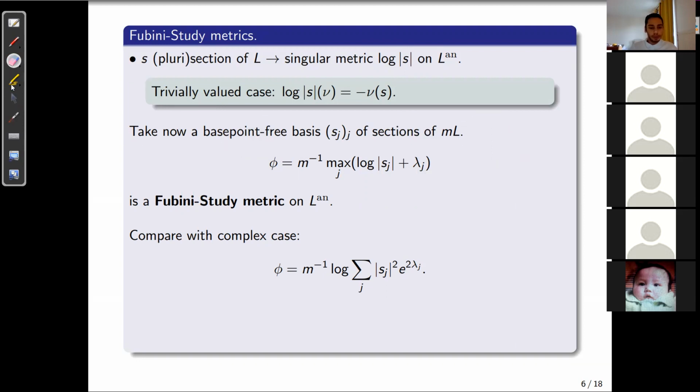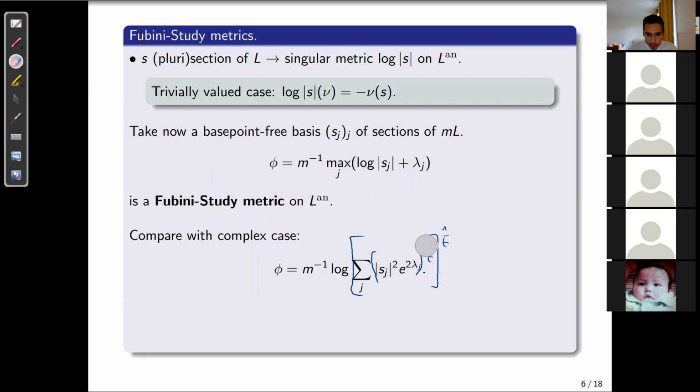In this case, it's just the log of the sum of squares of your sections. And it's in fact even closer than you think, because if you take the power 1 over t of this, and then you take the power t here and the 1 over t down, so essentially just the Lp norm of the sum, this converges to this as t goes to infinity.